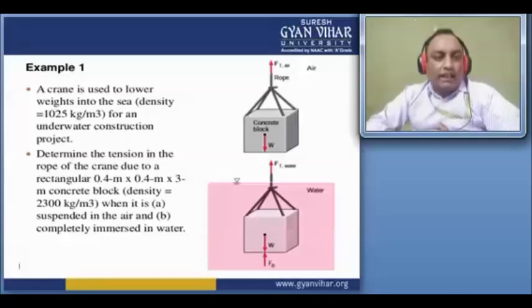The crane lowers a rectangular 0.4 meter by 0.4 meter by 3 meter concrete block, with density 2300 kg per meter cube, when it is suspended in the air and when it is completely immersed in the water.